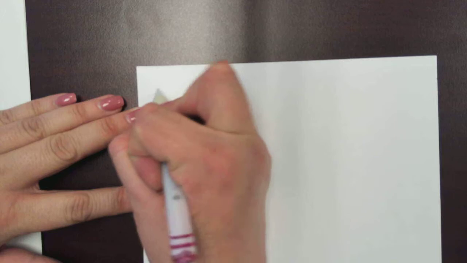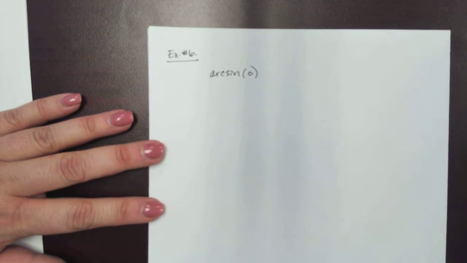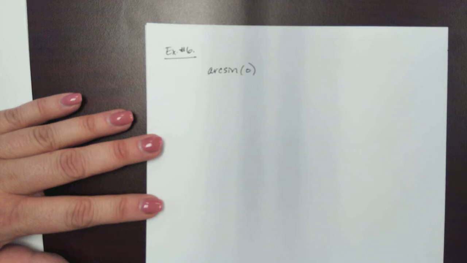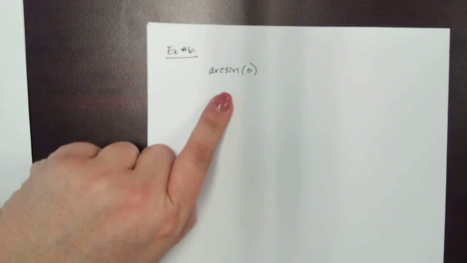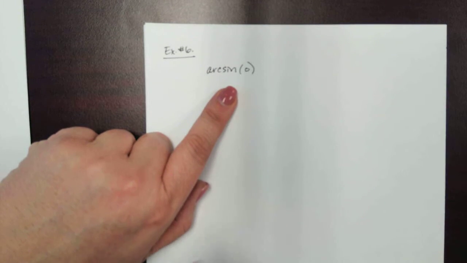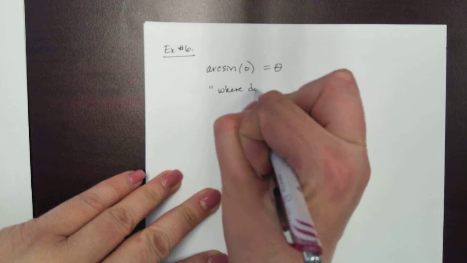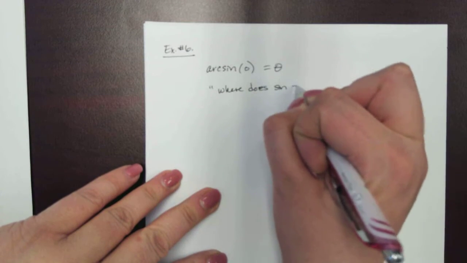So this is example number 6. It asks you to evaluate arcsine of 0. Last year I told you if you're asked to evaluate this without a calculator, because you could just plug this in your calculator, set it equal to theta. If I were to do the inverse sine of both sides, it would cancel out, and basically what I did last year is I put in quotes, where does sine equal 0?